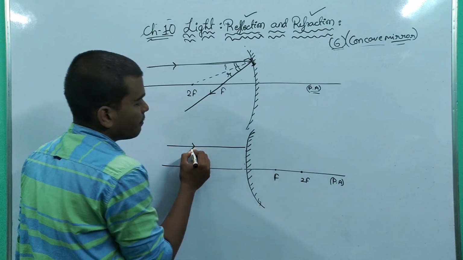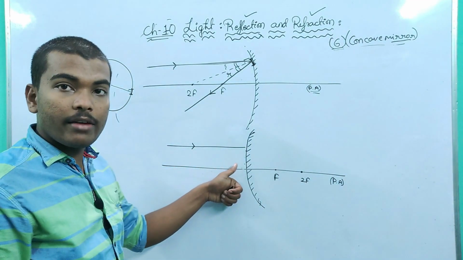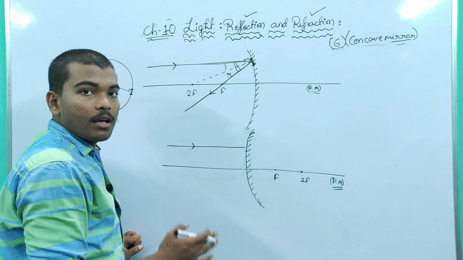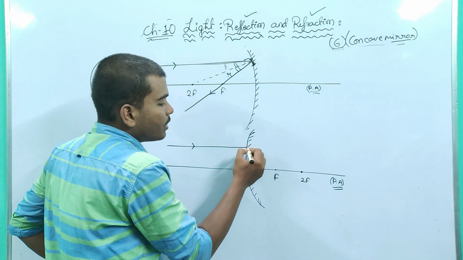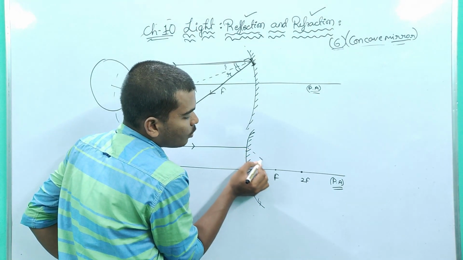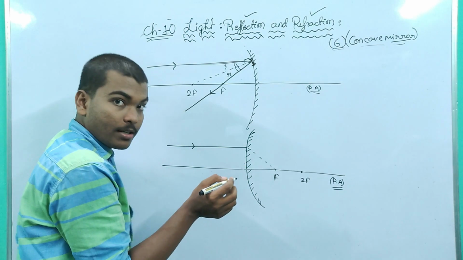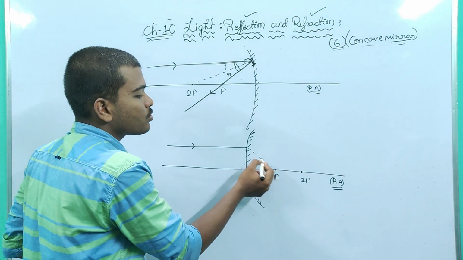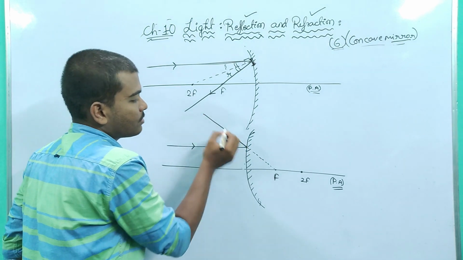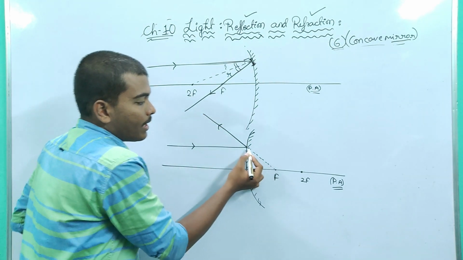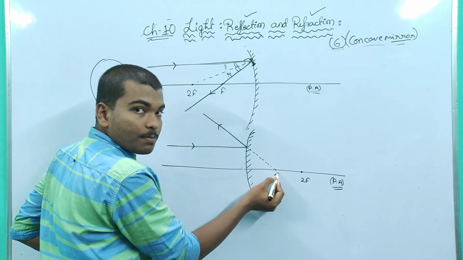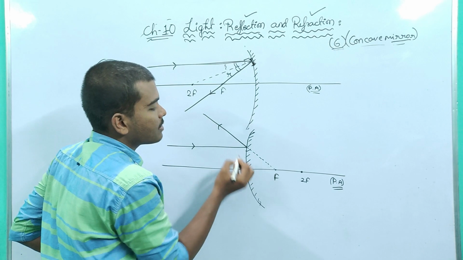Similarly for the convex mirror. This is the mirror, and this is the incident light which is parallel to the principal axis. Now it should go through the focus, but as the mirror is an opaque object, remember, it will try to converge as if it would go through the focus, so it will follow just the reverse path of this.